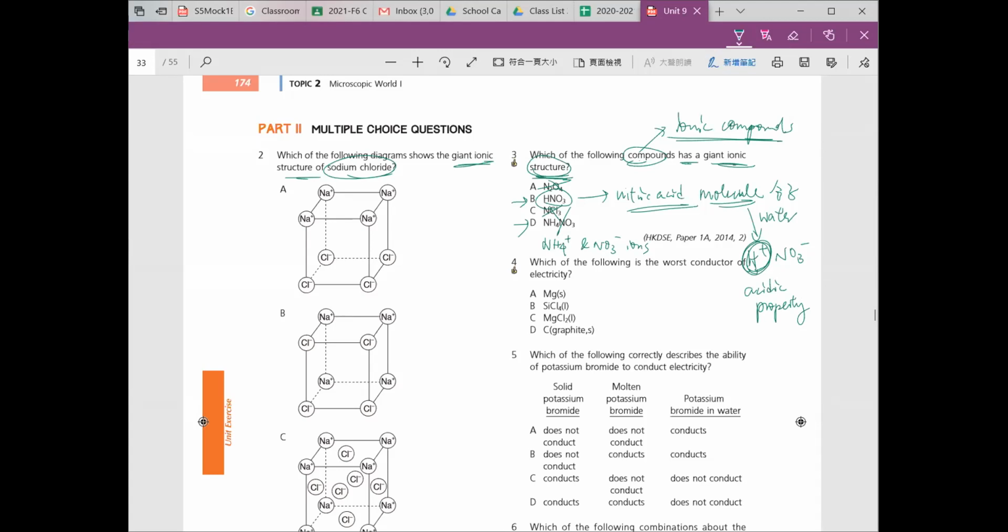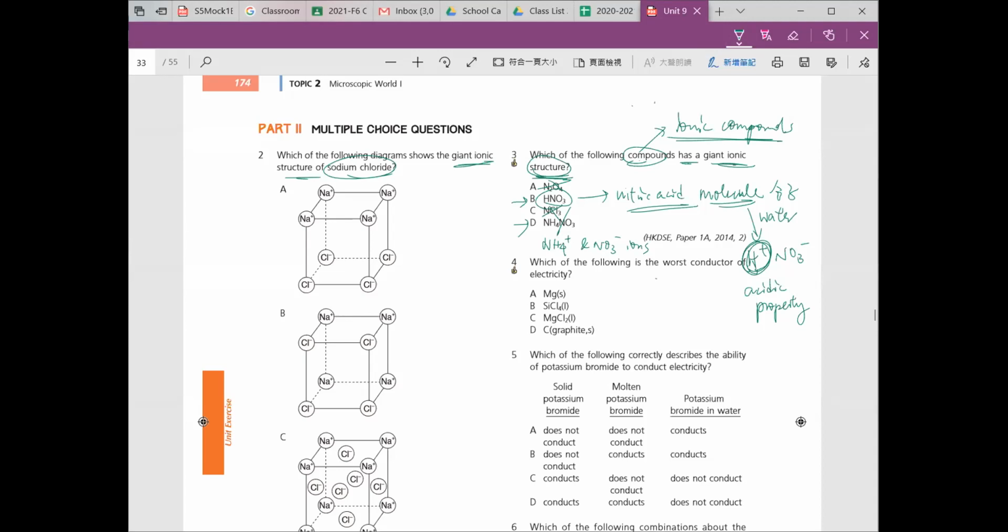So go back to this question. B is a very strange example. Can you get my point? It would have ions, but it is conditional. Only when it is dissolved in water, the HNO3 molecules will form H ions and nitrate ions.